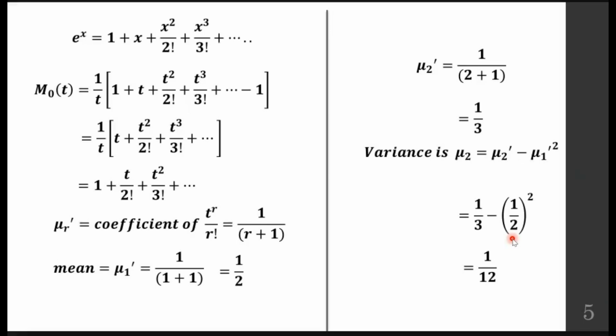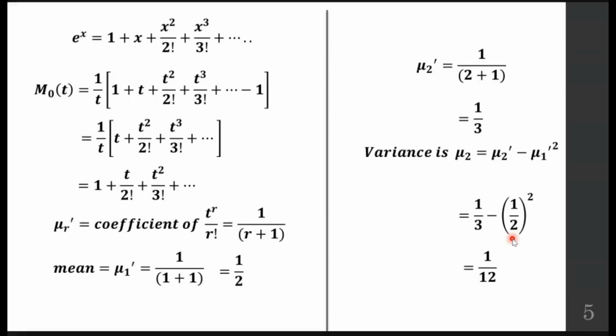This is another way for when we cannot put t equal to 0; then we may have to make use of the definition, that is, the expansion. Even if that is not possible, then you do the normal method of calculating mu r dash, which is E of x raised to r. The normal method that people use, I will show that here also.